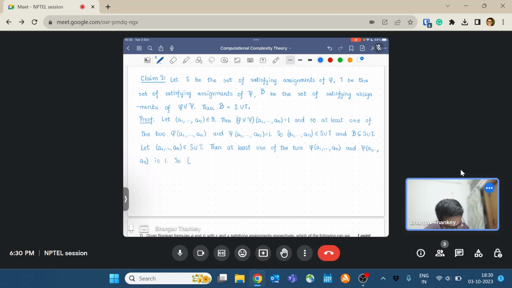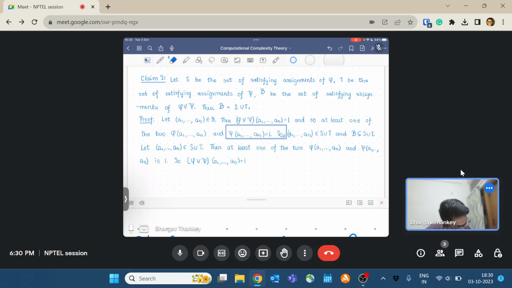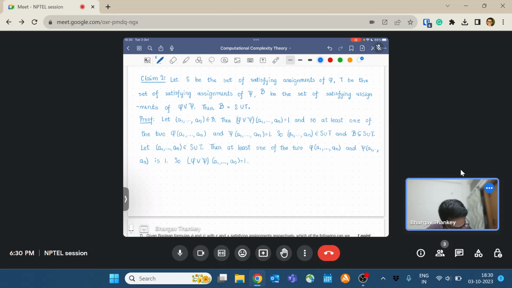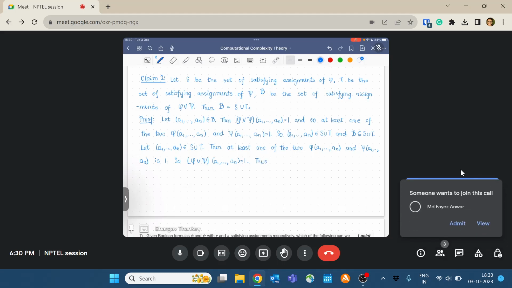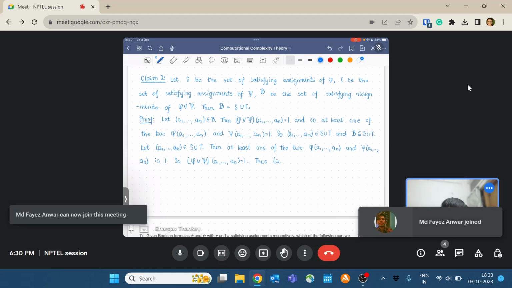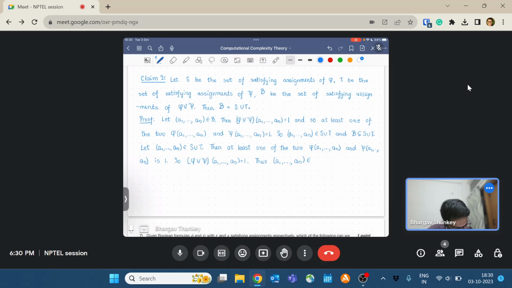So phi or psi of A1 to AN is 1 and so A1 to AN is in P. So P is a subset of S union T, S union T is a subset of P, and so both are the same.